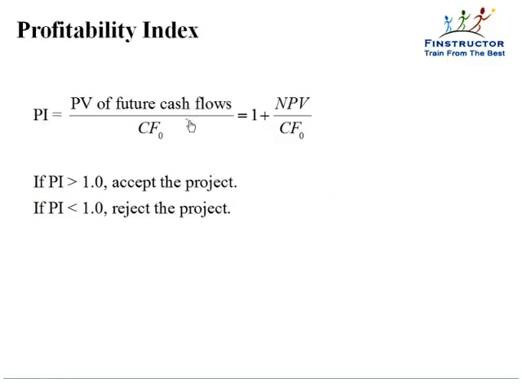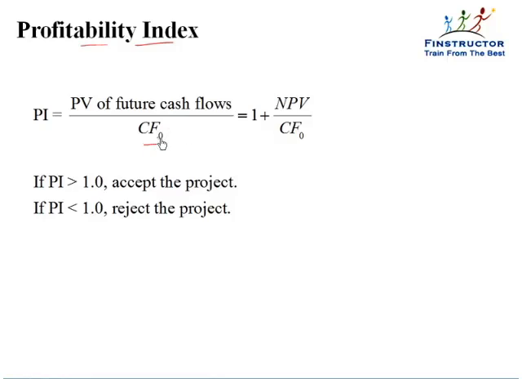Now the last concept for today, again pretty straightforward now that we understand NPV and IRR, is called the profitability index. So the profitability index is simply the present value of future cash flows upon the initial cash outflow.